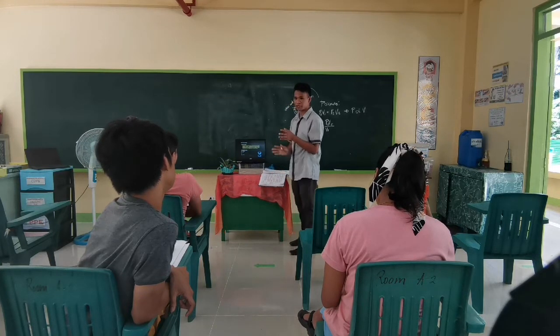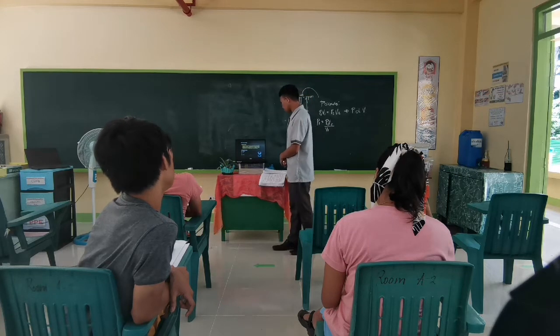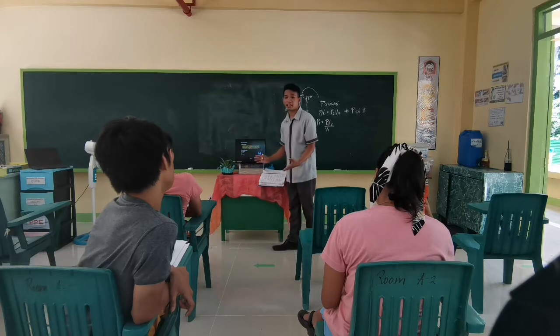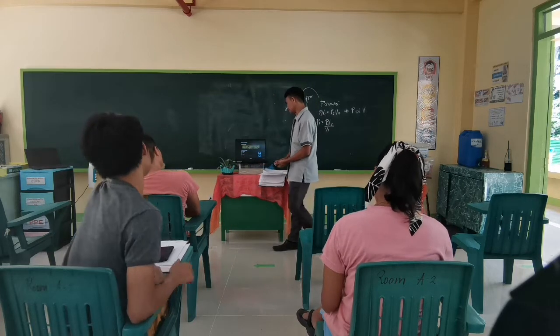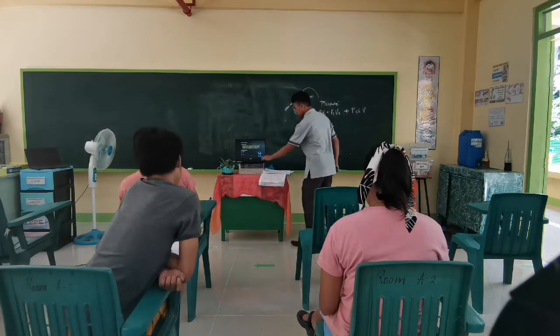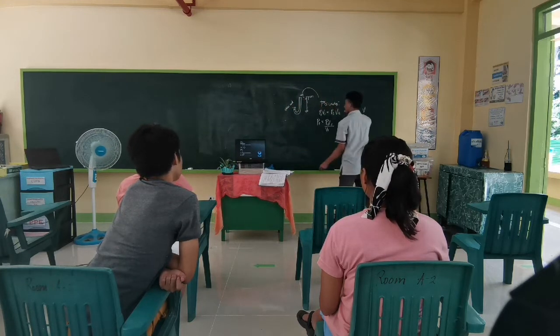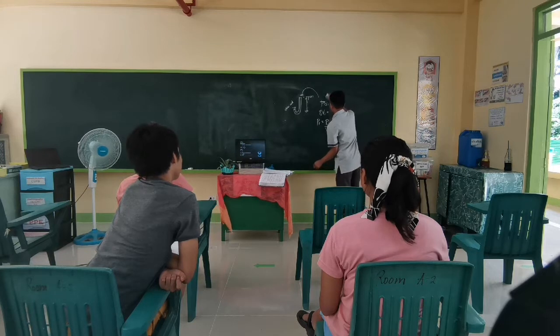These are the units for pressure. And it's also given that the final volume is 10.0 liters. So we need to solve this. Yes, sir. Okay, I will be the one to solve this problem.